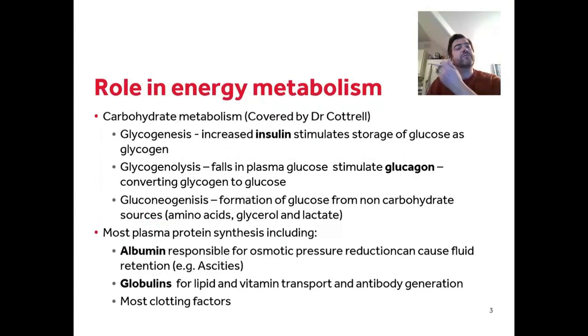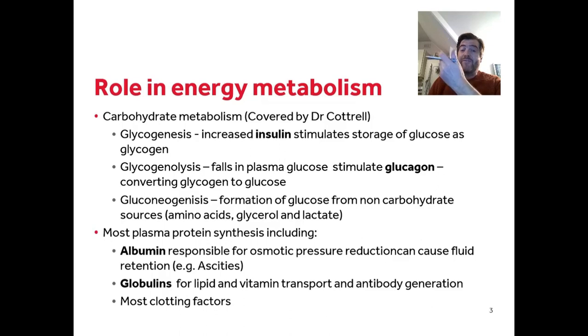In terms of energy metabolism, carbohydrate metabolism is covered in detail by Dr. Cottrell, and that will also cover glycogenesis. Glycogenesis occurs when you have increased insulin, and that stimulates storage of glucose as glycogen.